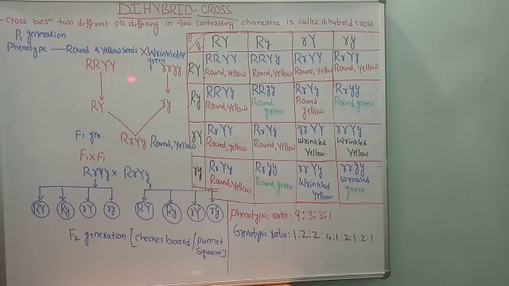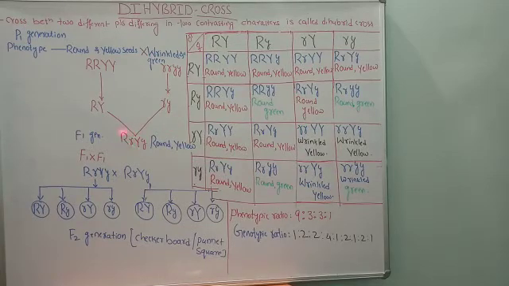When these two are crossed, let us see what gametes are formed. The gametes are capital R, capital Y, and small r, small y. After the formation of gametes, crossing is done. After crossing these two gametes, in the F1 generation he got capital R, small r, capital Y, small y.